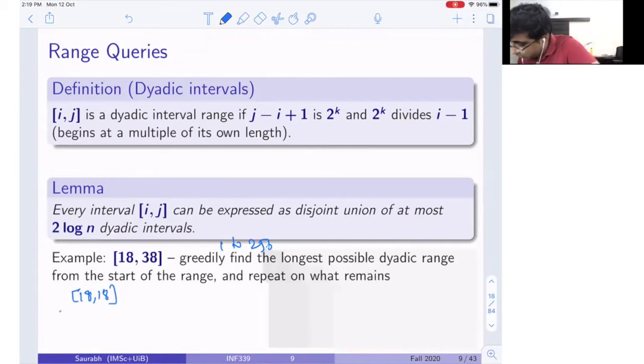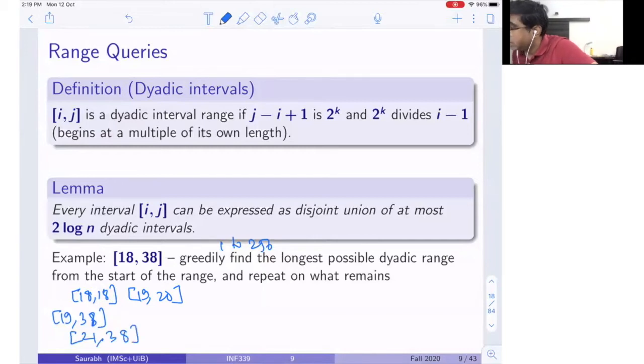So what is left now? 19 to 38. What will we do with 19 to 38? 19 to 20 will be a range, and then from 20 we can go to 24. So now 19 to 20 is gone. Then what is left is 21 to 38. Then we will be able to get 21 to 24.